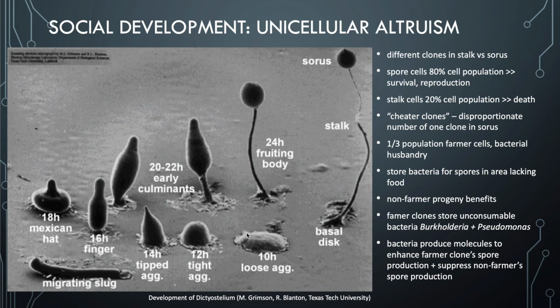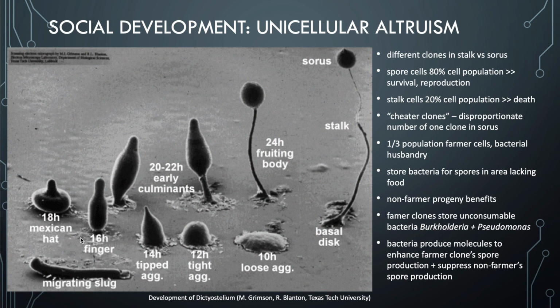So the first thing that happens is once the aggregation stage occurs, there's this loose aggregate that forms within 10 hours. Within 12 hours, this becomes a tighter aggregate, and at 14 hours, it starts to produce the tip. Between 14 and 16 hours, it migrates as a slug to a suitable position.